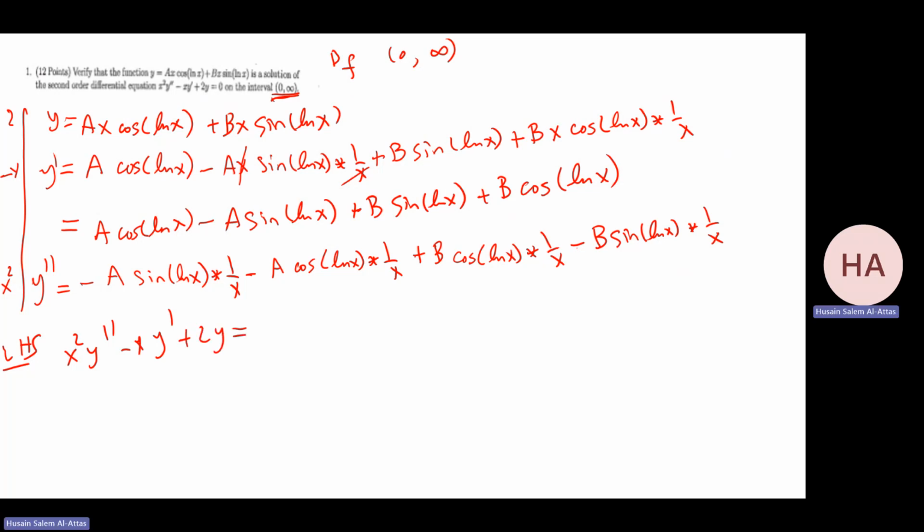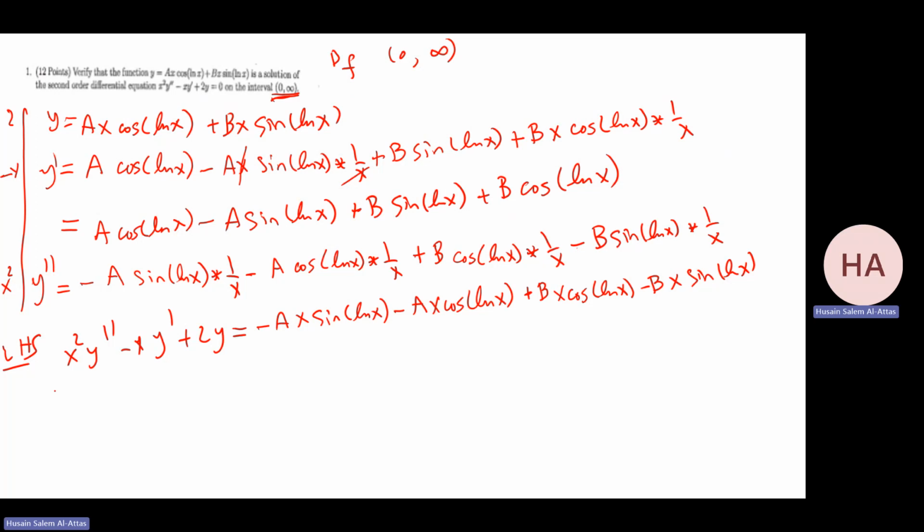For x squared y double prime, I'm getting minus ax sine ln x, minus ax cosine ln x, plus bx cosine ln x, minus bx sine ln x.